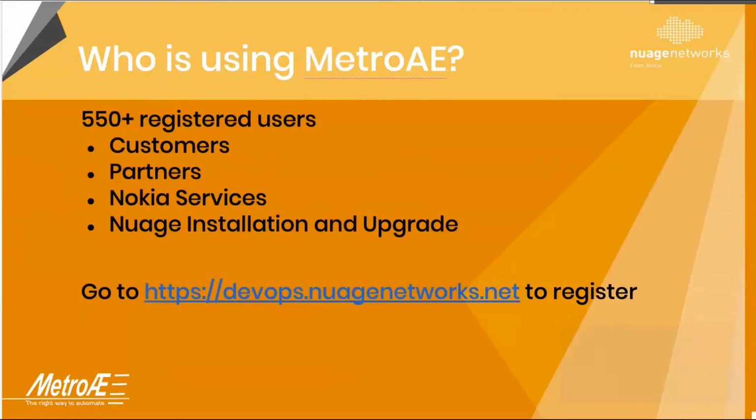The URL on the screen, devops.nuagenetworks.net, is our website. You can go there to register for access if you don't already have it. You can also find information about the platform itself, as well as a link to the YouTube videos that I talked about before.